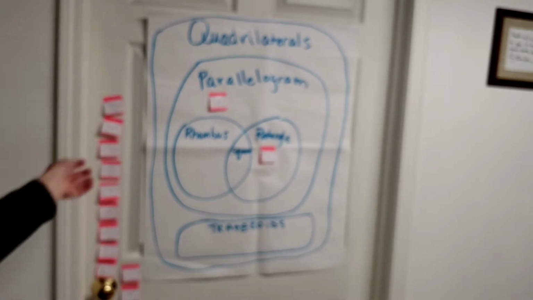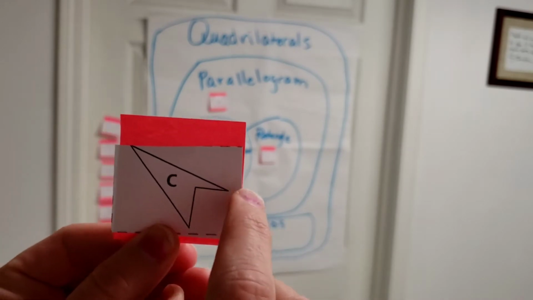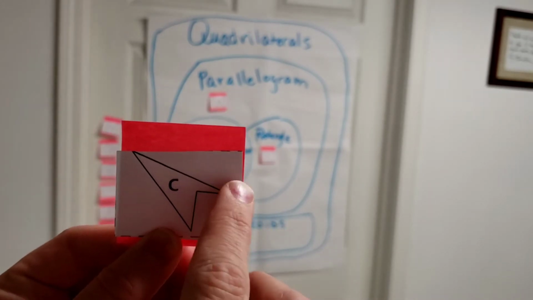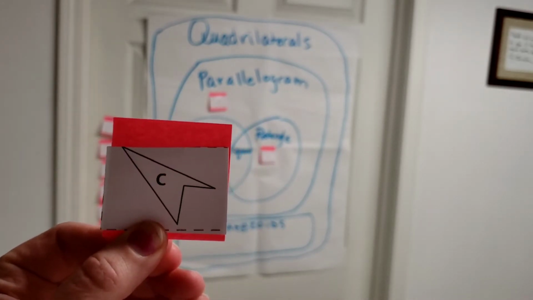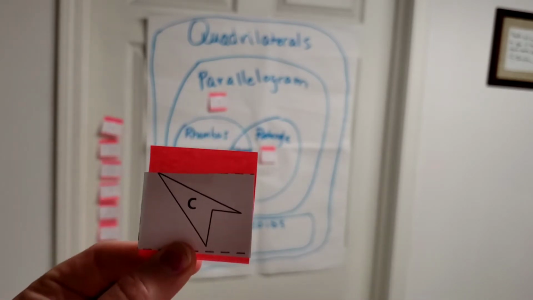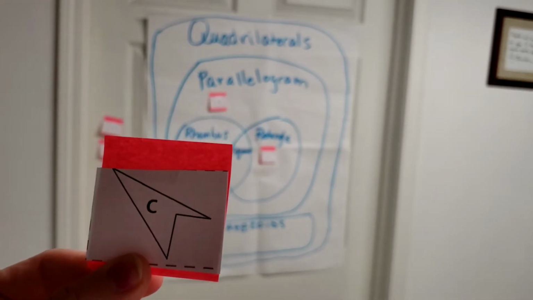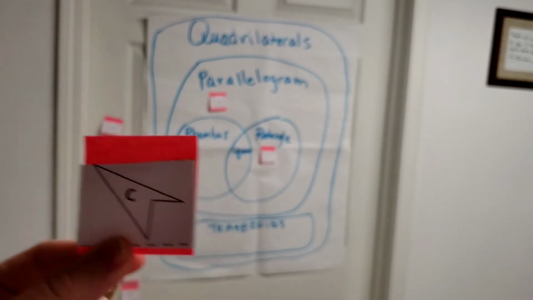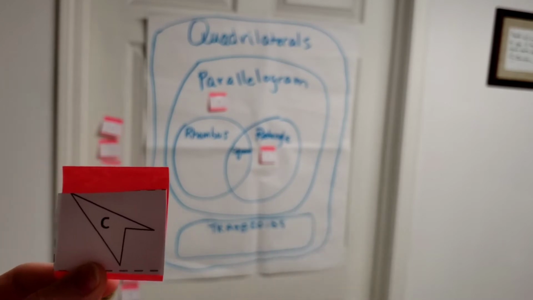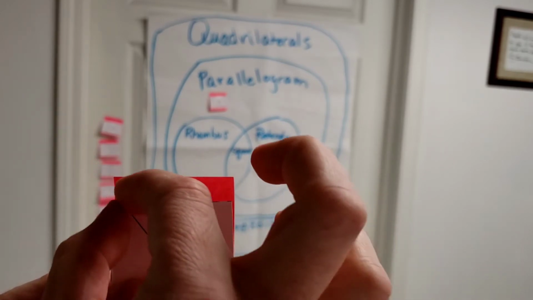All right, let's grab C. C is a cool looking one. It is a concave polygon. 1, 2, 3, 4. It has 4 sides, so it's a quadrilateral. Now, a trapezoid has 1 pair of parallel sides. These are not parallel.